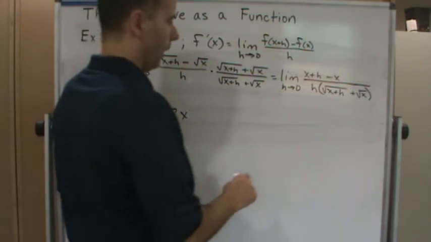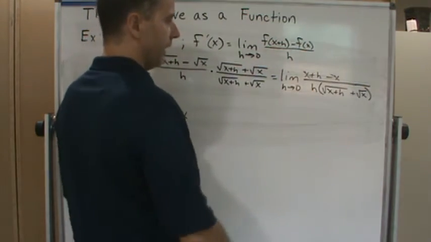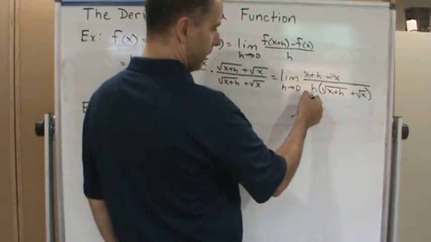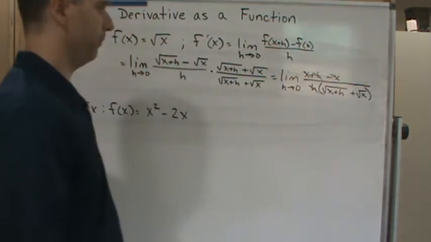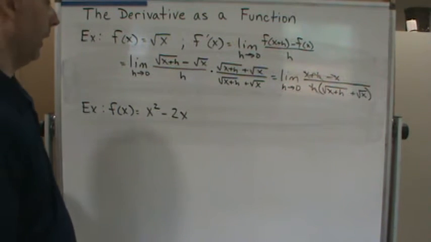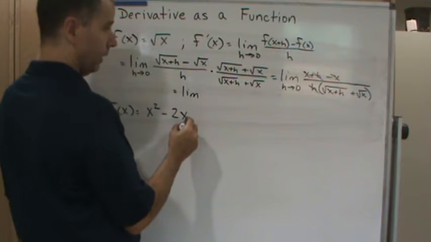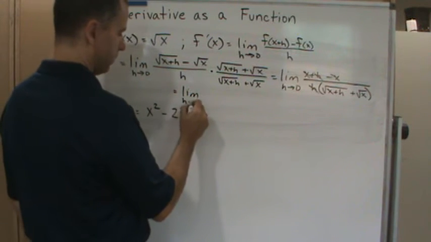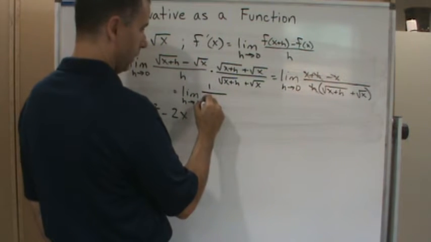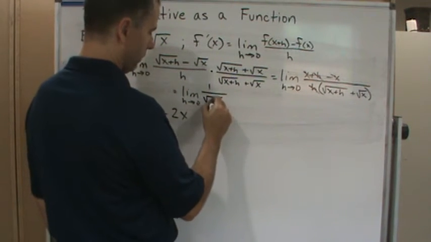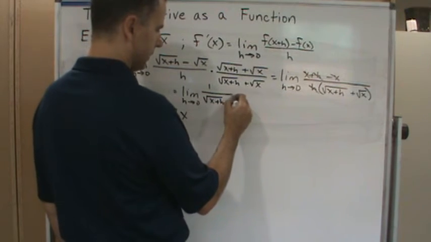Now, up on top, notice that the x's cancel. And then I have a factor of h on the top and a factor of h on the bottom, so I can cancel these out. And so what do I end up with? I end up with the limit as h approaches 0 of 1 over the square root of x plus h plus the square root of x.